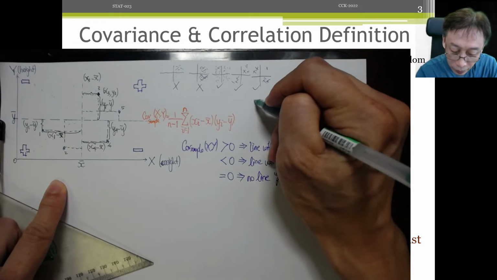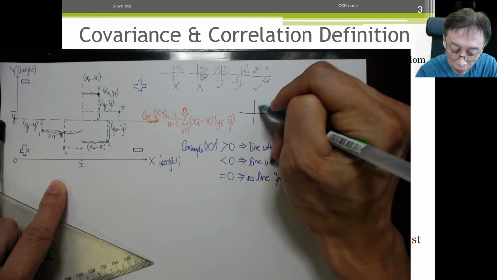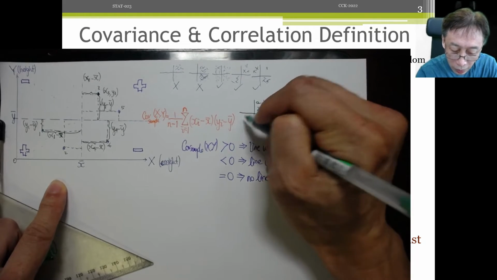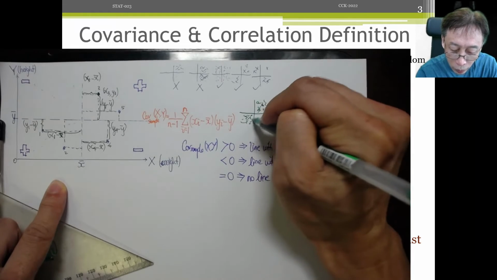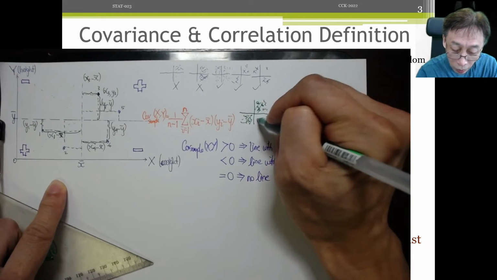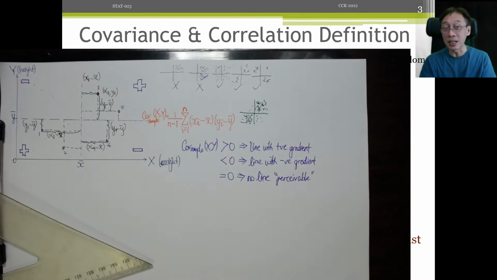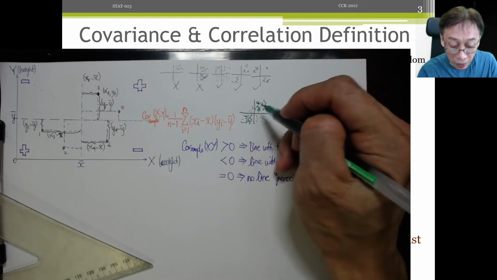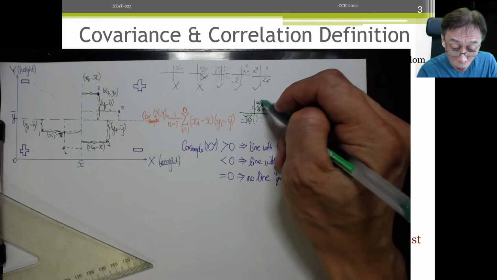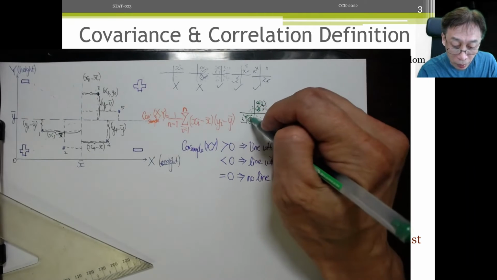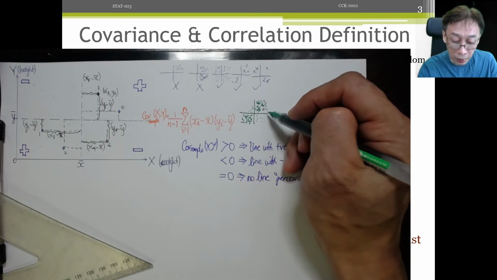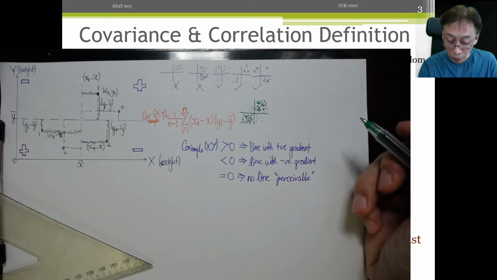So if the points are clouding around quadrants 1 and 3 with occasional outliers, stray data here and there, the net negative areas will not be sufficient to minus off so many and so large positive areas induced by the data points in quadrants 1 and 3.